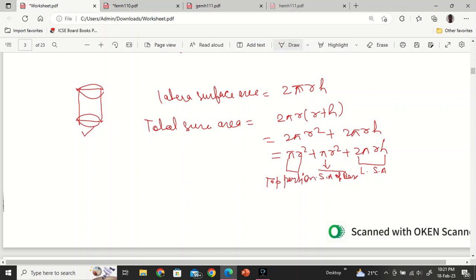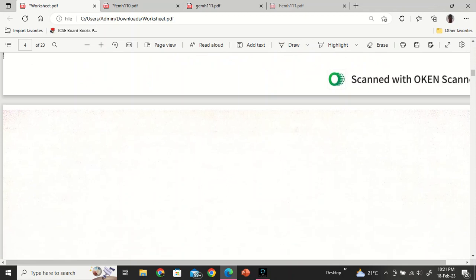Okay, now we'll be studying about diagonal. What is a diagonal? Can we define diagonal?